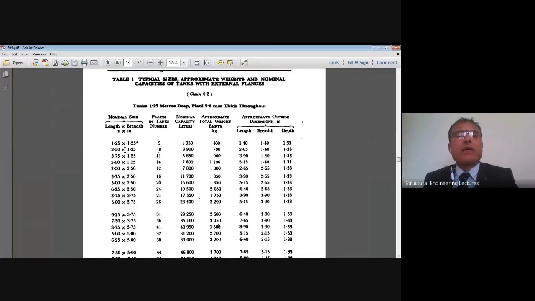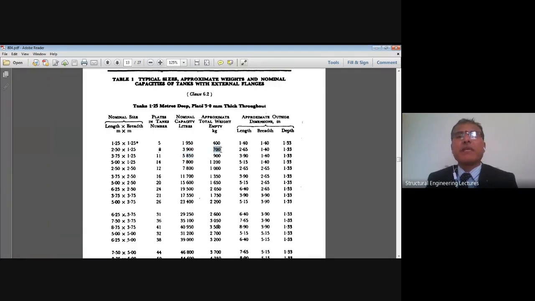So the number of plates required: 2 on the bottom, 2 on the two sides, 2 plus 2 plus 2, 6, and 2 on either side of the tank, 6 plus 1 plus 1, 8. Therefore, 8 plates are required. Then that can carry 3900 liters.